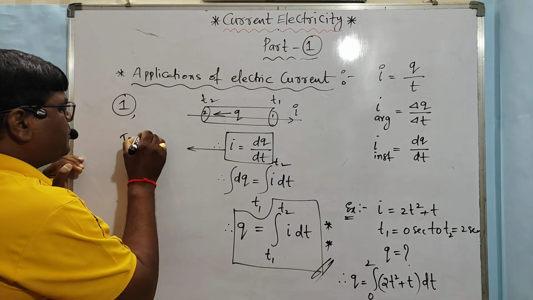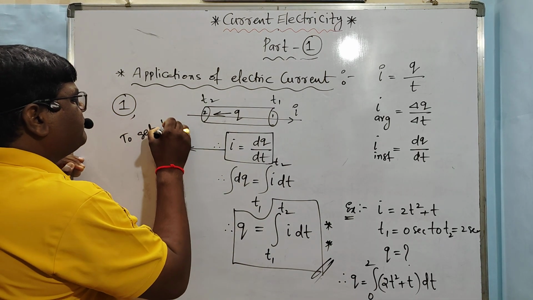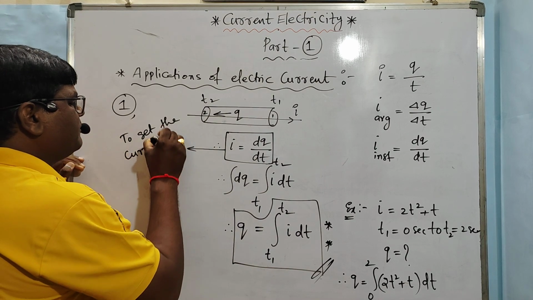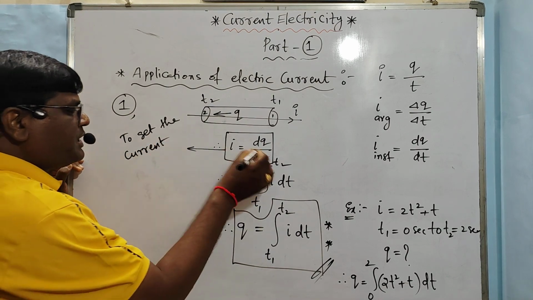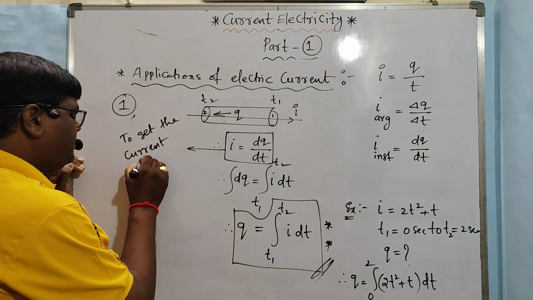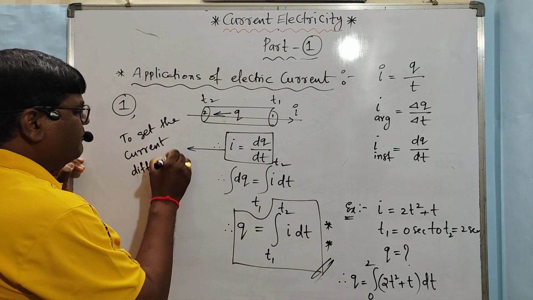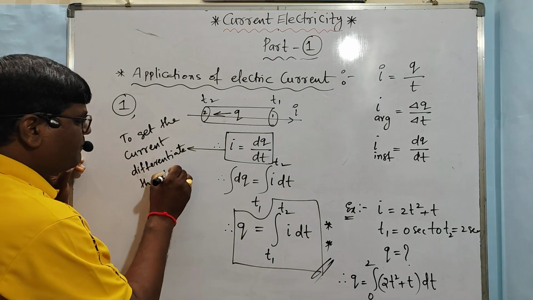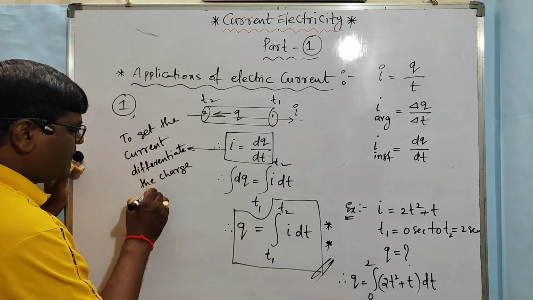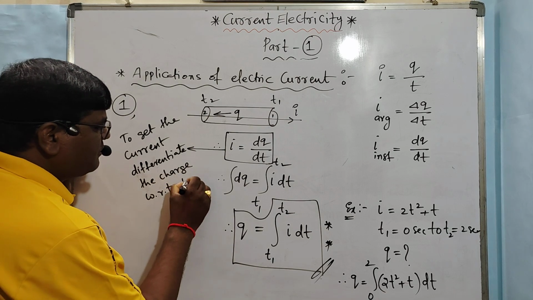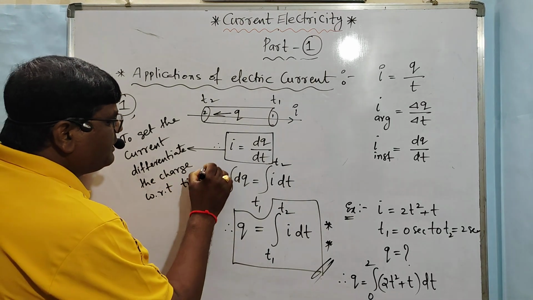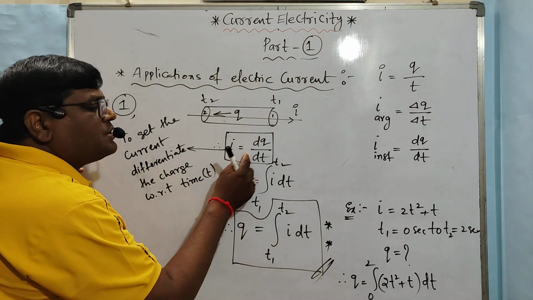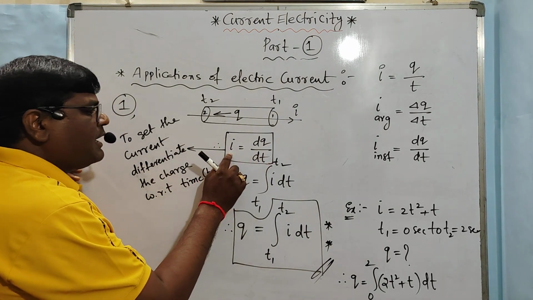To get the current, we have to differentiate the charge with respect to time t. By differentiating the charge with respect to time, we will get what?